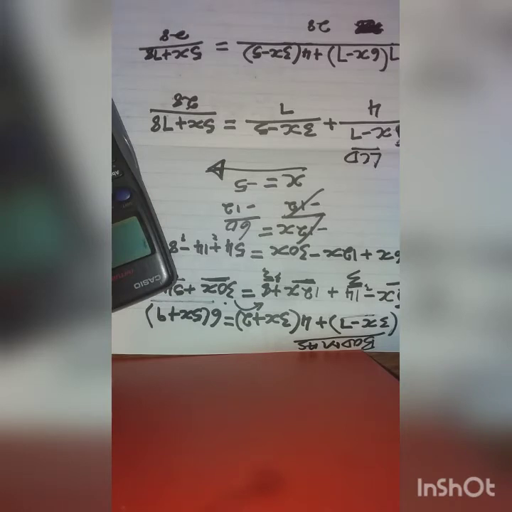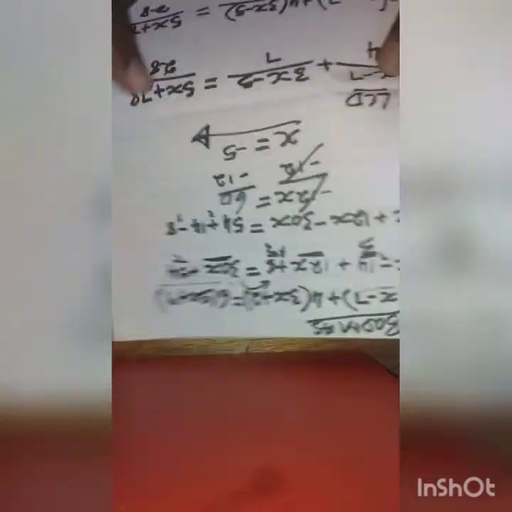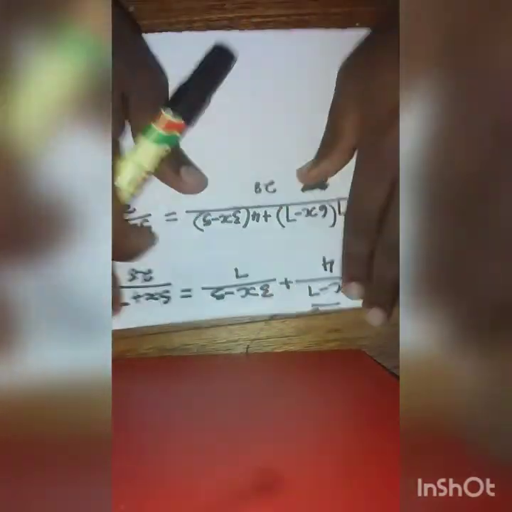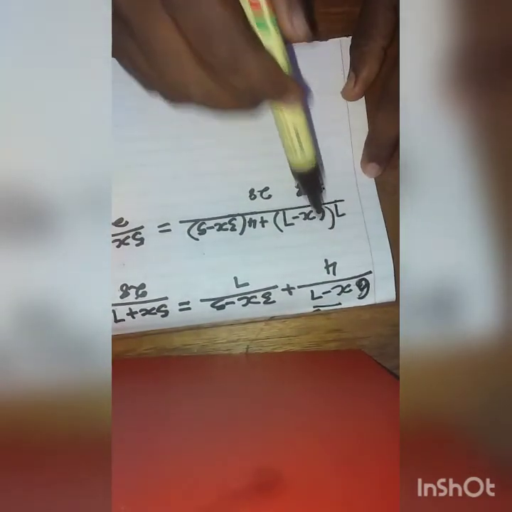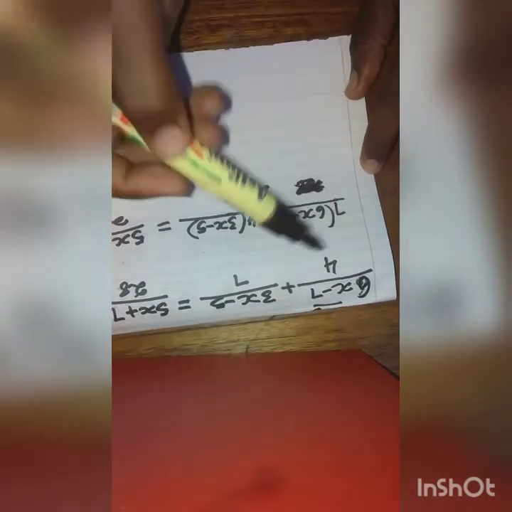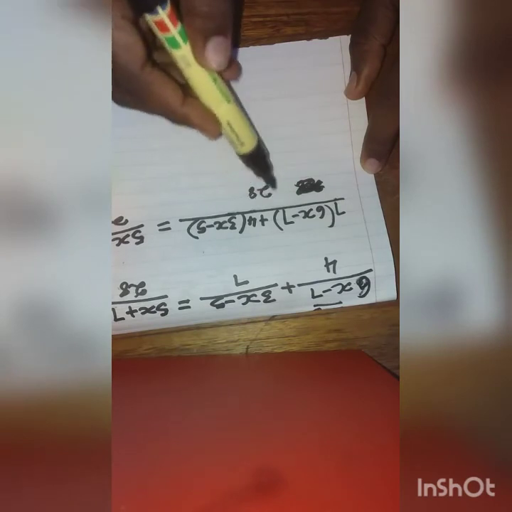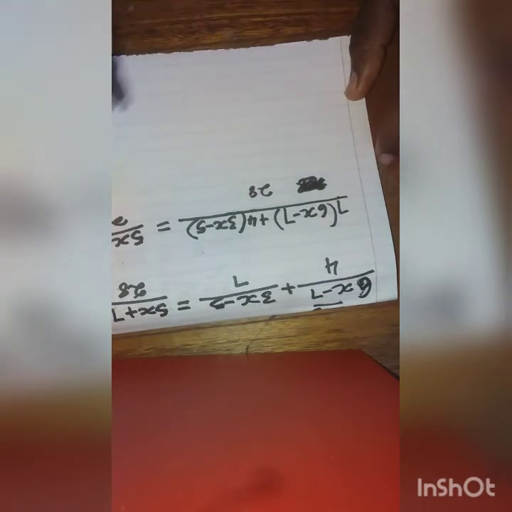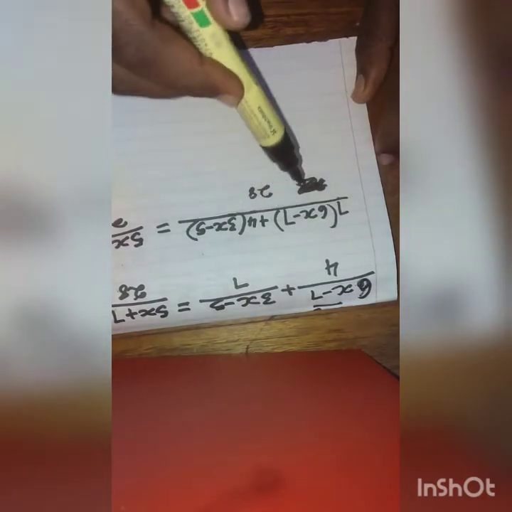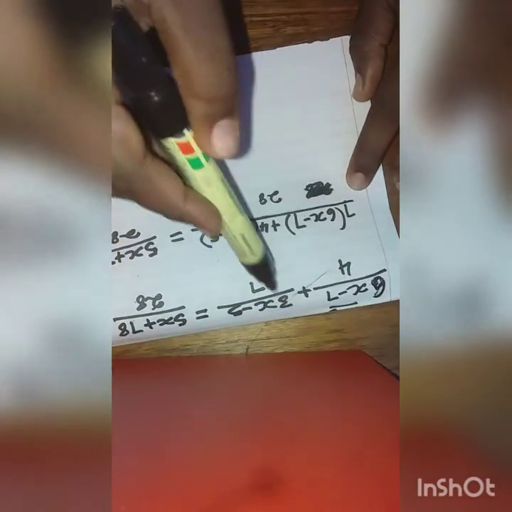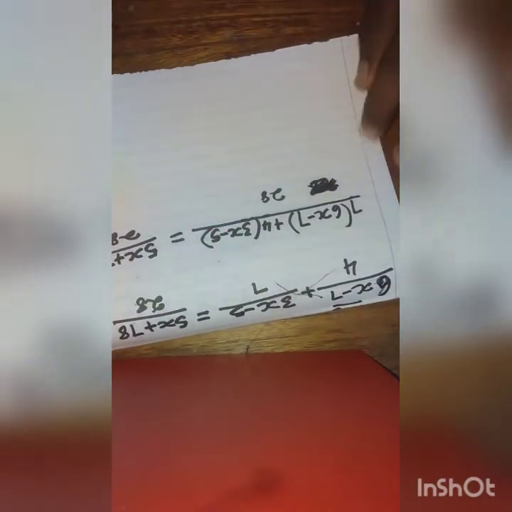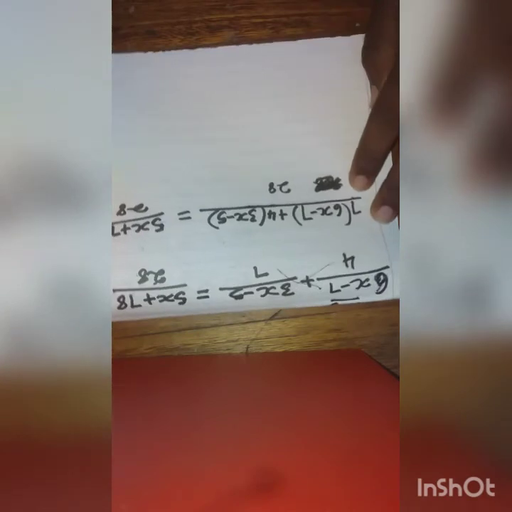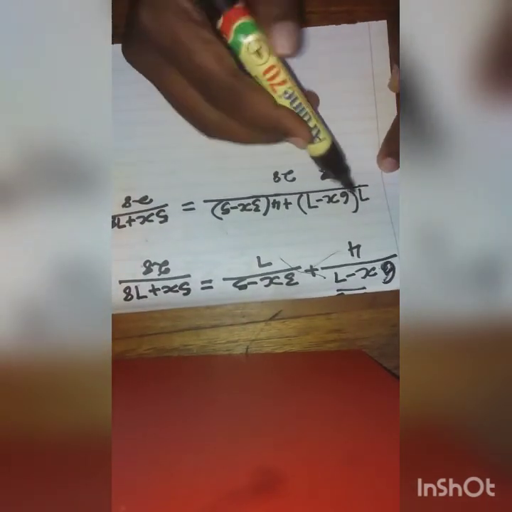At this point I believe you guys are following. Here we just found a lowest common denominator, put it at the denominator side, and then we multiply through, we cross multiply. It's simple. This is basic math. Then from there, you know what to do.